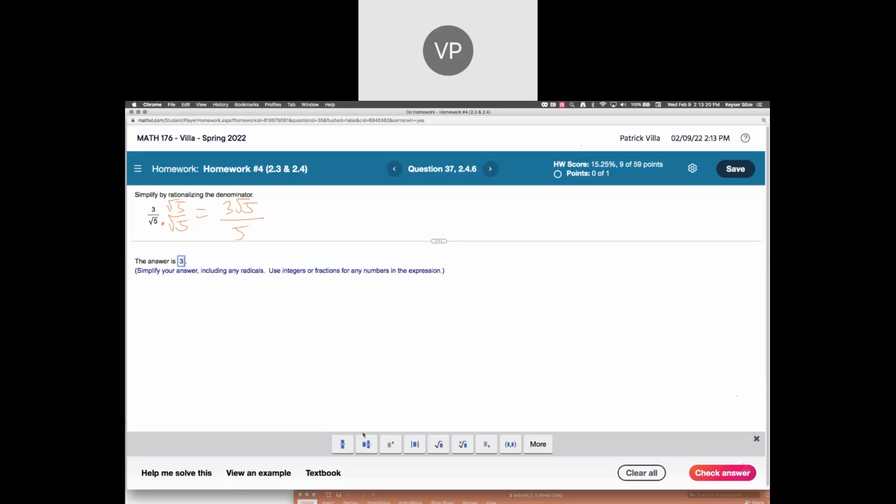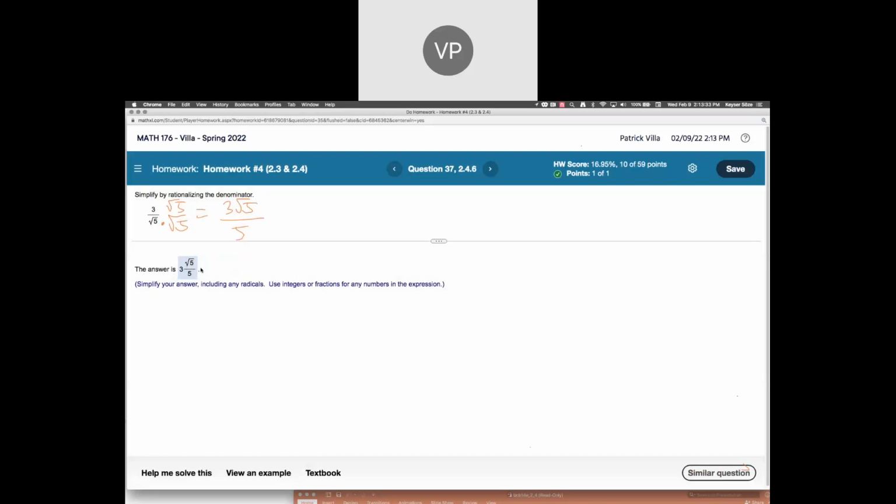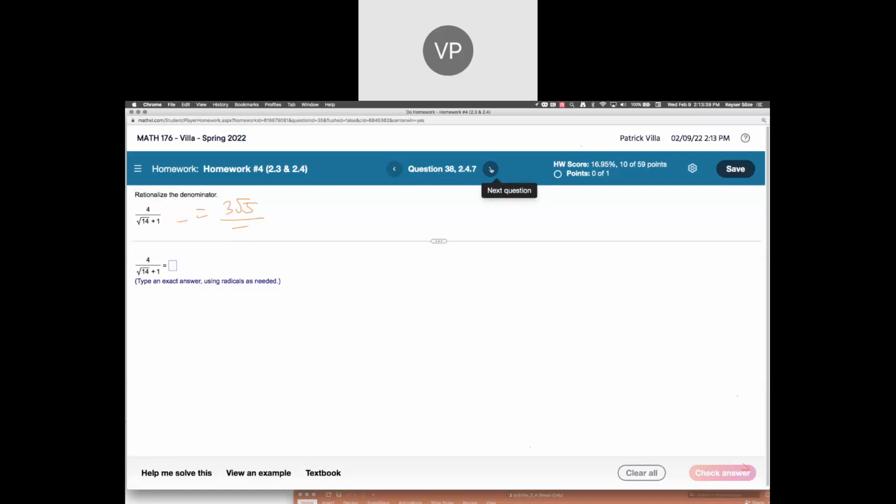Okay, so I have a 3 root 5 divided by 5. Now notice the 3's in front. It should still work, but if it doesn't, I could have redone it and put the 3 up on top next to that, but it does work in this case. So that was the basic approach when you're rationalizing when there's just a single root on the bottom.